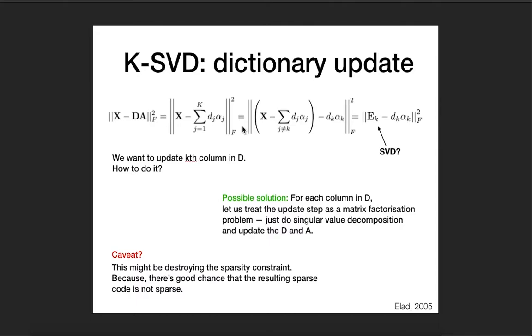I'm putting the rest of it into a different term because I don't care about the rest of the elements. I just push it into the term X minus the sum over everything not equal to the kth row. And now my error is this one, right? E_k minus d_k alpha_k. So I want to update d_k and alpha_k such that they best represent this E_k, because I want this to be equal to 0.